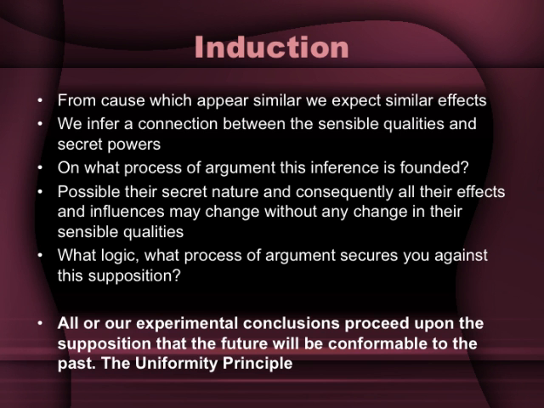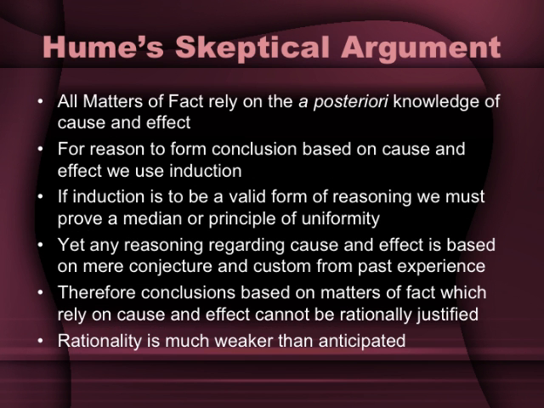When I state that the sun will rise tomorrow, I say every morning since I've been alive, the sun has always risen, so it's going to rise tomorrow. There's a hidden premise with the uniformity principle that states the future will always conform to the past, therefore the sun will rise tomorrow. And with that, we'll move on to the skeptical argument.